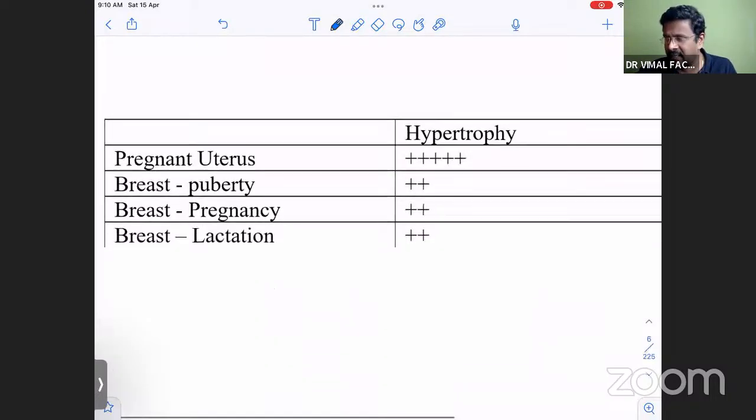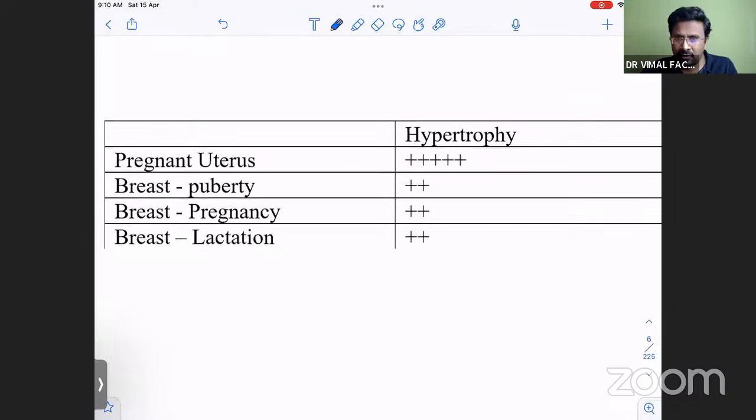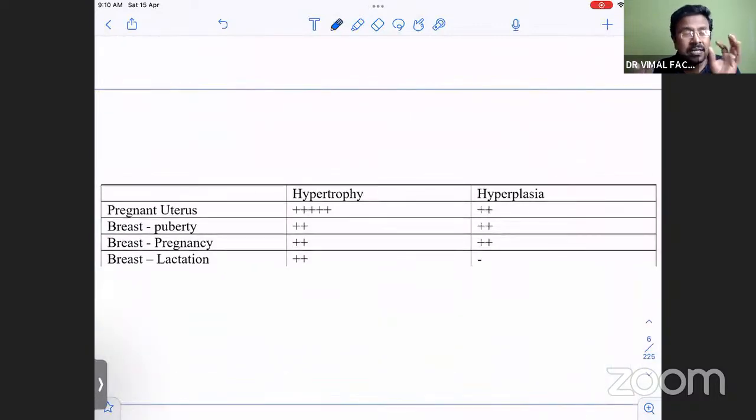Physiological hypertrophy and hyperplasia can occur during pregnancy. And this tabular column you have to remember, because the pregnant uterus undergoes both hypertrophy as well as hyperplasia. But if you have to choose only one option, you have to choose hypertrophy.